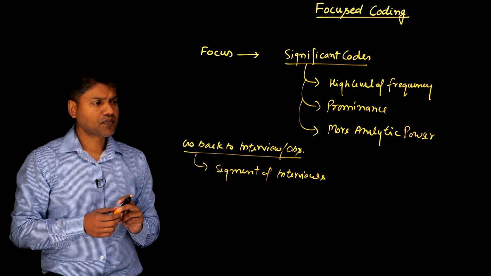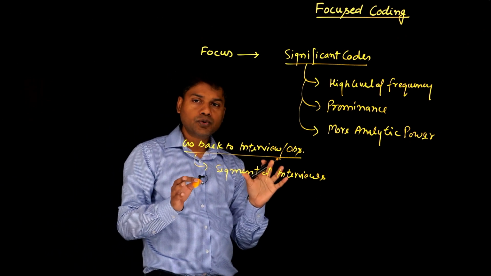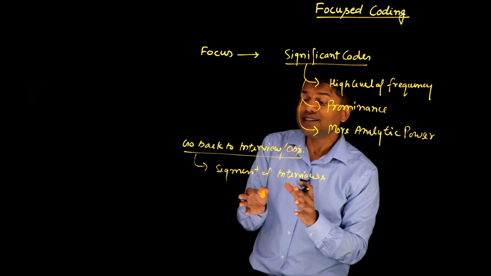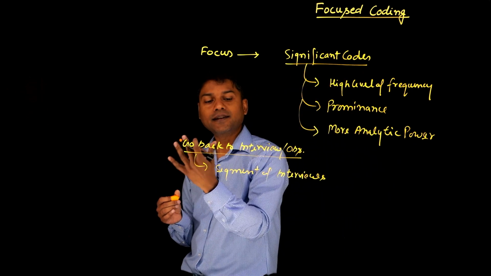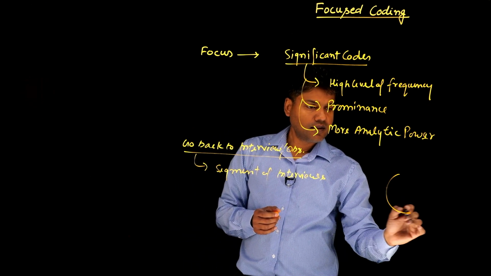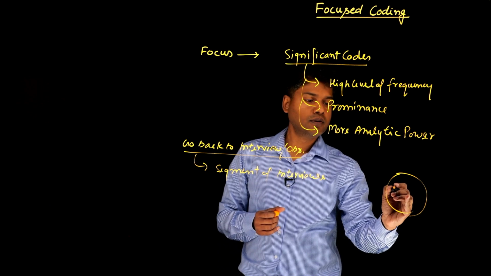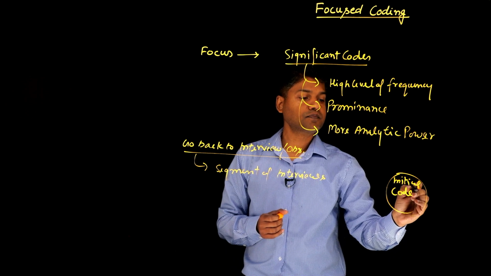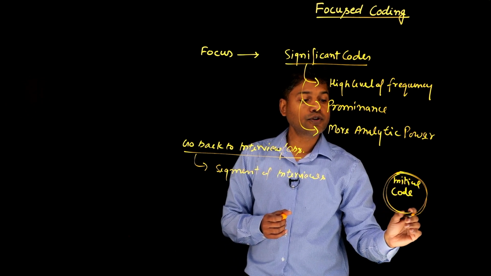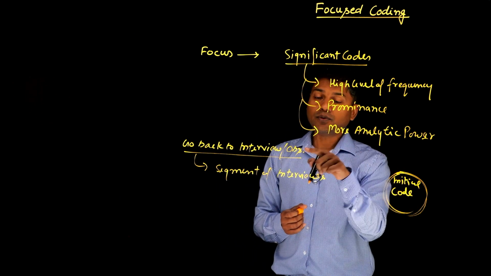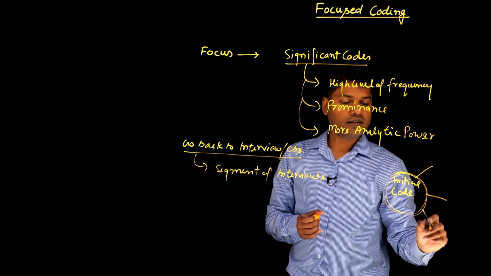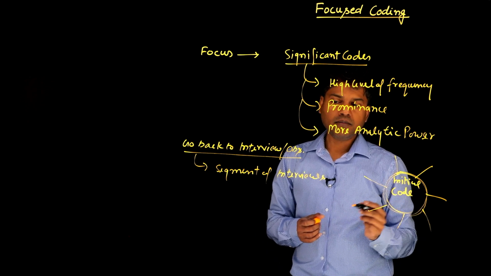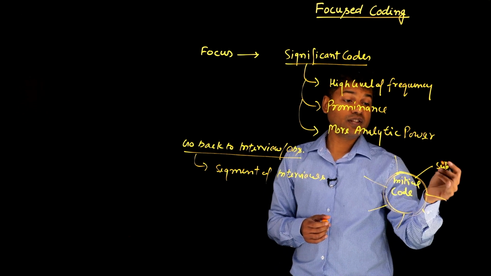And what you do is try to recode those segments in their entirety, holistically, and also with all their complexity. So let's say if this is your initial code that you want to focus on and do focused coding, you go back to the excerpts of the data and look at them across all participants, and maybe you could find some sub-themes within that code.